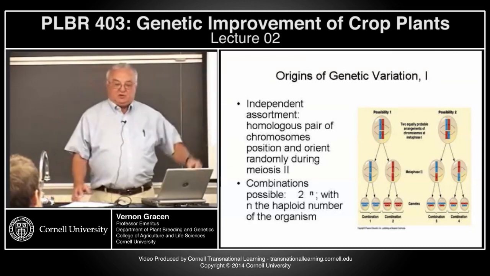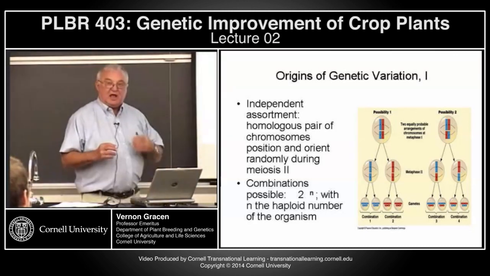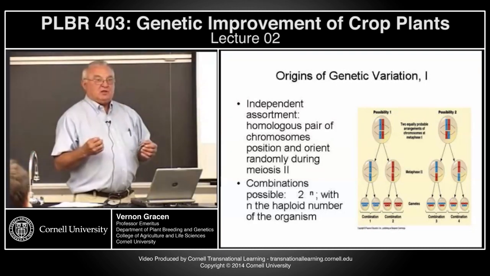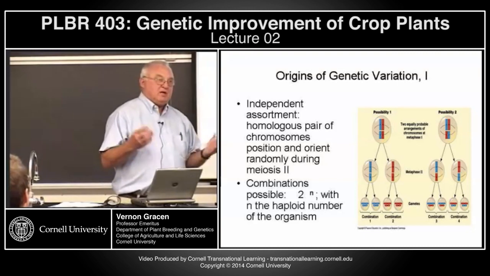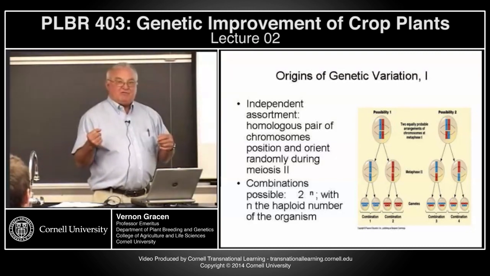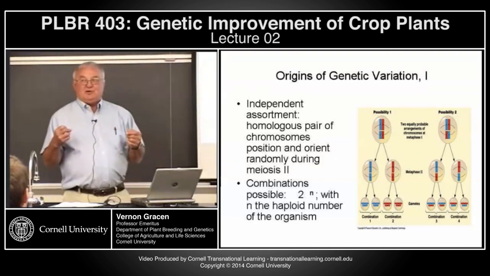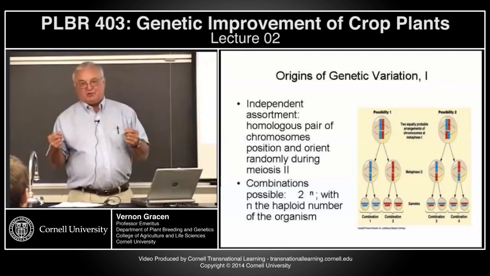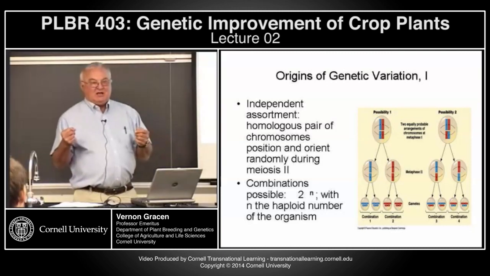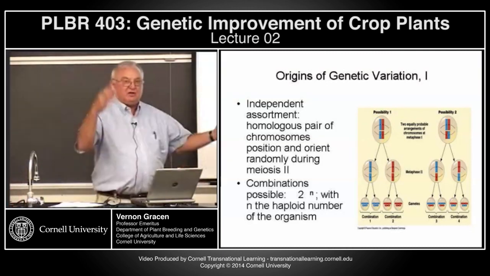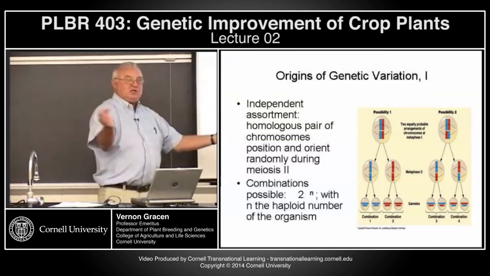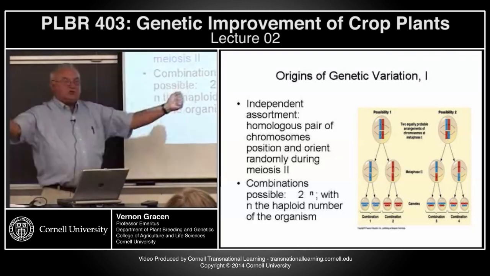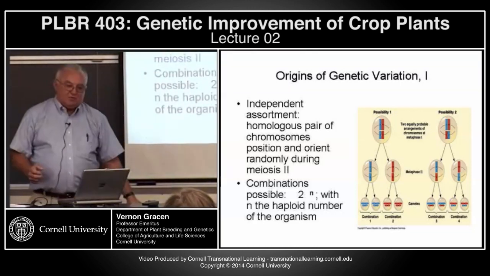If you're dealing with a lot of genes in organisms with lots of chromosomes, we deal with maize, which I bred, and we only have 10 pairs of chromosomes. But when you deal with sweet potatoes with 80 pairs of chromosomes, you can begin to see that the amount of reshuffling of genes, due to the fact that genes on different chromosomes are assorting independently, can be tremendous.